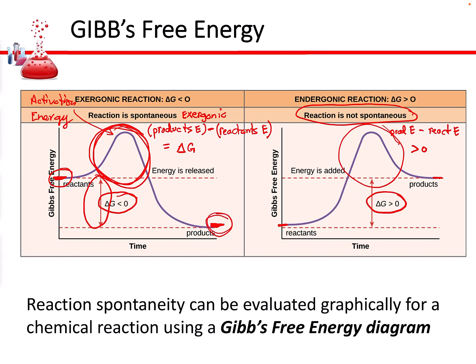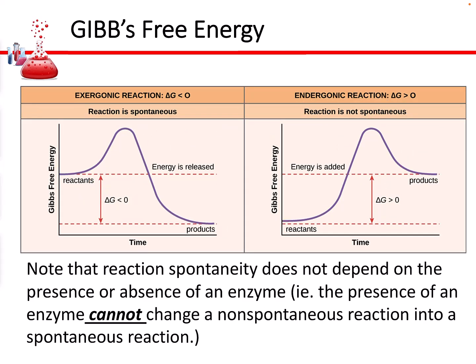So that has nothing to do with the energy of the reactants or the energy of the products. Those are inherent properties of the chemicals themselves, but the path they take to get to the other side can be modified by an enzyme being there. So important to say again, an enzyme cannot change a non-spontaneous reaction into a spontaneous one.